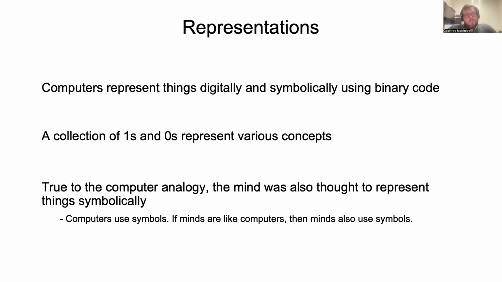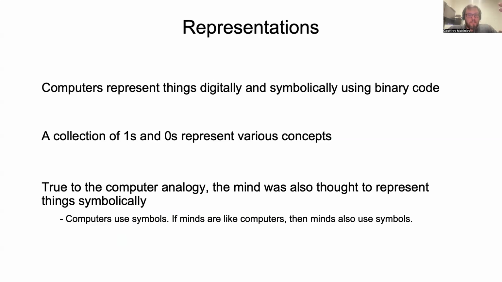So computers represent things with propositions. They use propositional representations that are abstract and symbolic, focusing on the relationships between concepts rather than resembling the concepts directly, like an imagistic way would, right? So an imagistic representation could resemble the concepts more directly, but with symbolic or propositional representations, the representations do not resemble the concepts as directly, right?